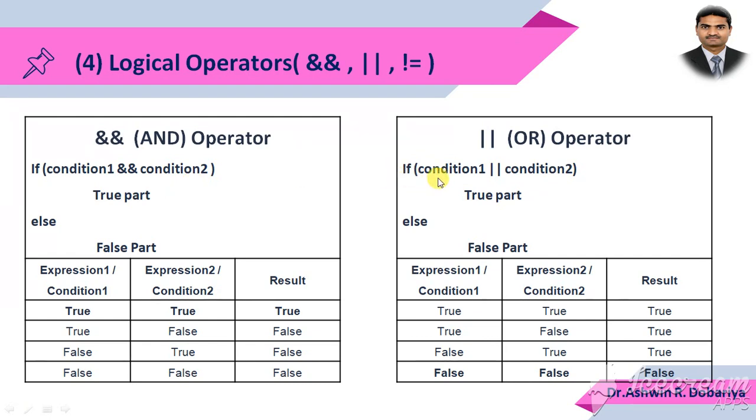Another thing: in the AND operator, if the first condition is true, it will check the second condition. If the second condition is true, it will check the third condition. But if the first condition is true and the second is false, it will not check the third condition. It will stop and return false.